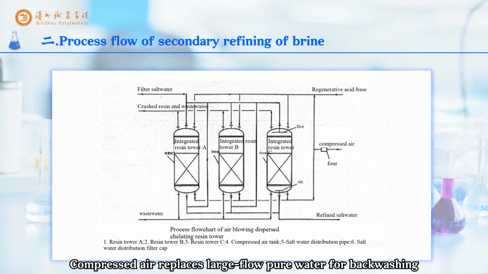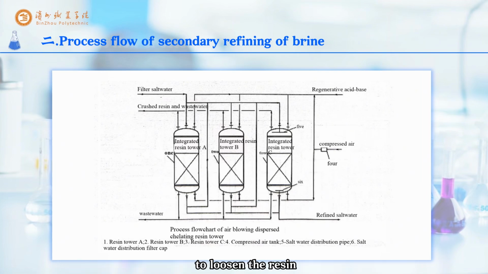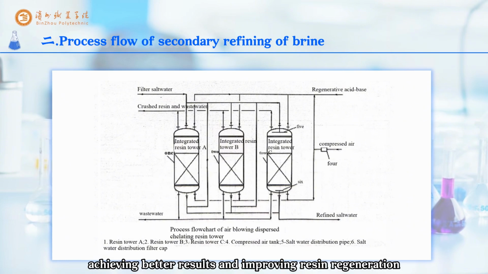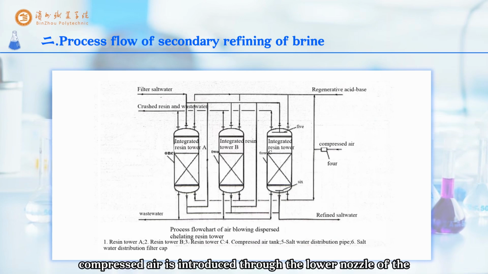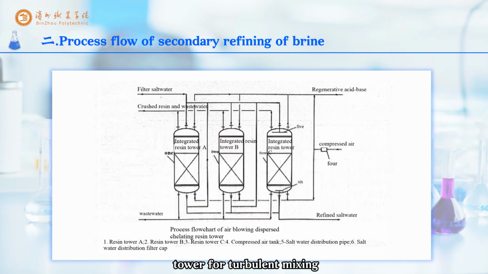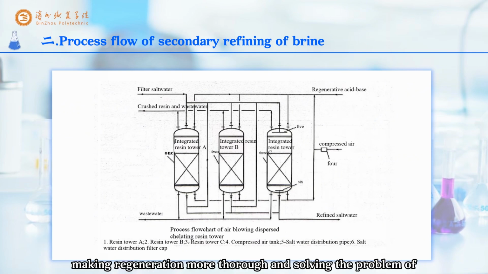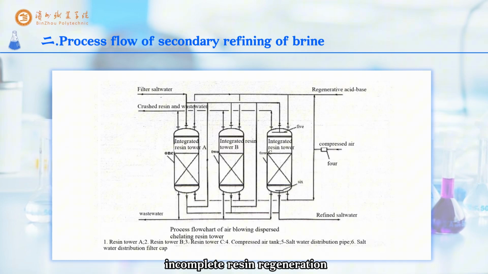Compressed air replaces large flow pure water for backwashing to loosen the resin, achieving better results and improving resin regeneration efficiency during acid and alkali regeneration. Compressed air is introduced through the lower nozzle of the tower for turbulent mixing, making regeneration more thorough and solving the problem of incomplete resin regeneration.